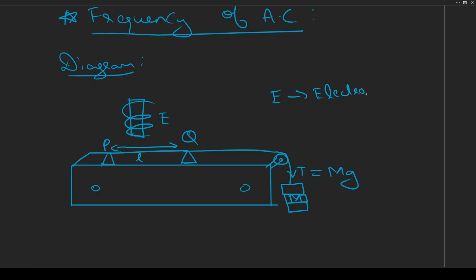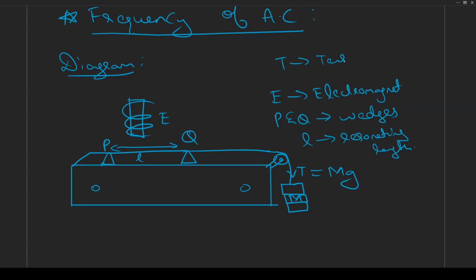It is important to mention the markings here, like E is electromagnet and so on. P and Q are wedges, L is resonating length, and T is tension. This is the diagram.